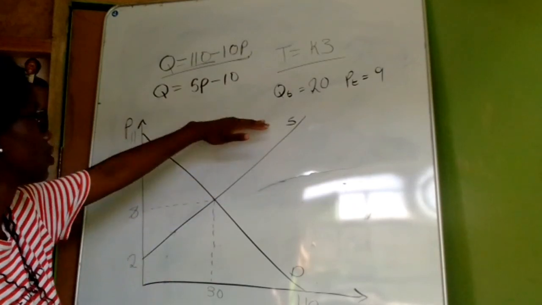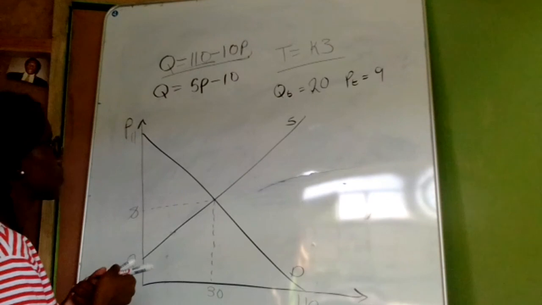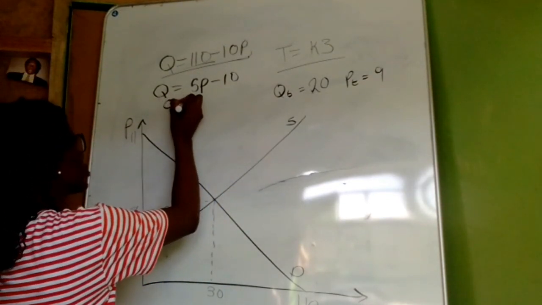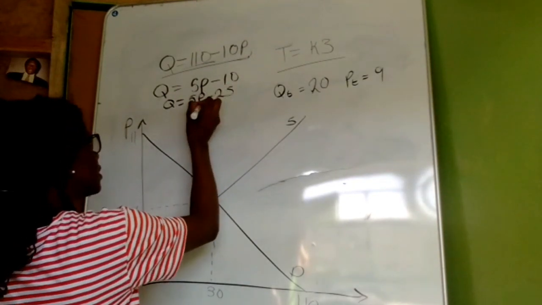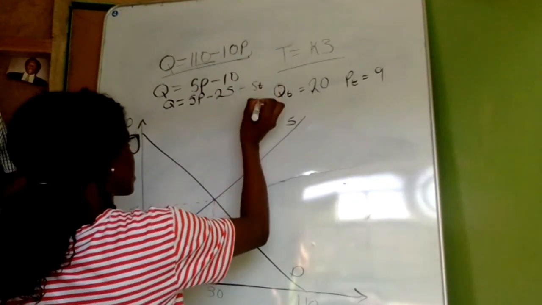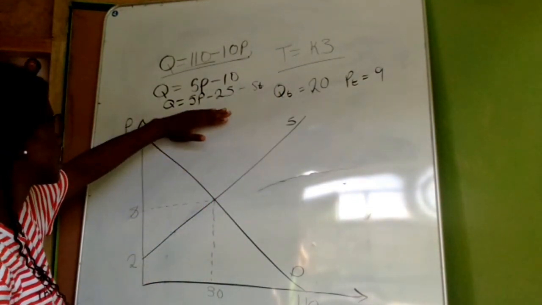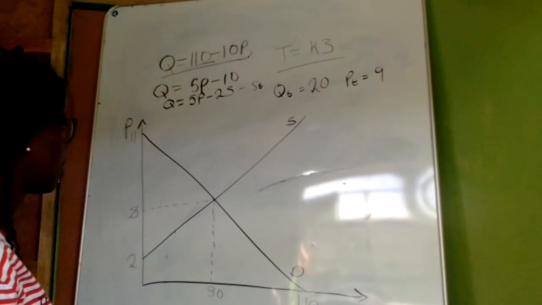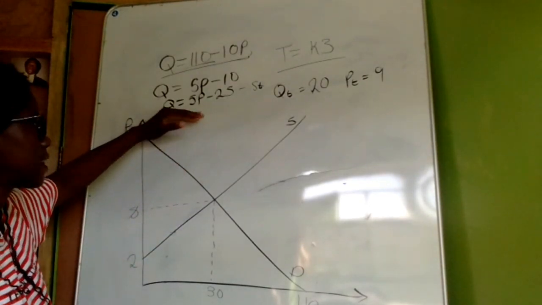So we now have a new supply equation. Sorry, I've erased it, but okay. The new supply equation is just Q is equal to 5P minus 25. So this is our supply after tax equation. But before we plot that equilibrium, we're supposed to know where our new supply curve is going to start from.